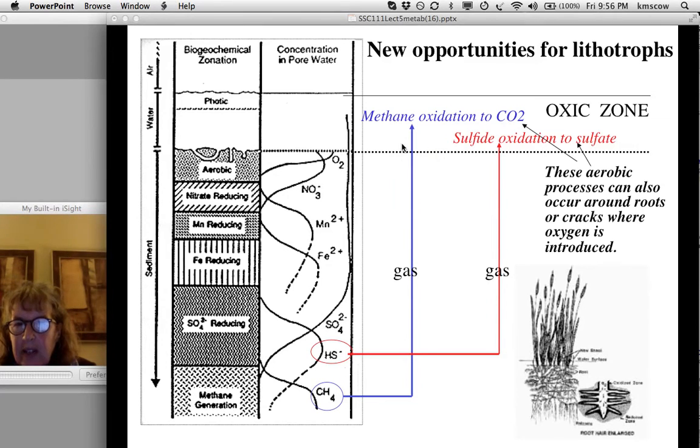And they're going to try to intercept as much of that methane or sulfide gas as they possibly can to use it as energy sources. Because remember, this would be a donor, and that would be a donor now.